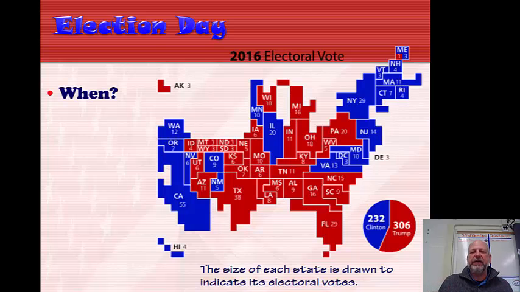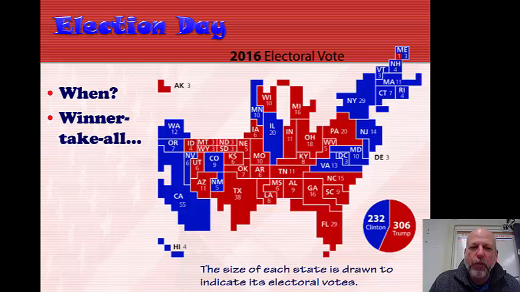And the idea is whoever wins the most votes across the entire state gets all of that state's electoral votes. That's what we mean by winner take all. Whoever gets the most votes in the state gets all of that state's electoral votes.